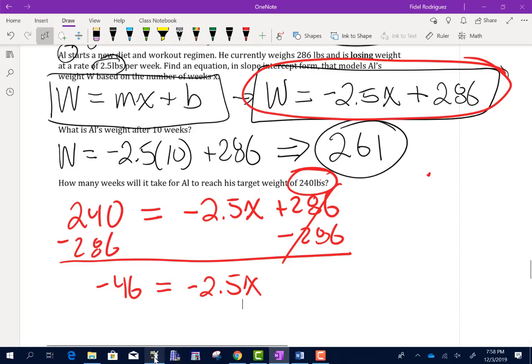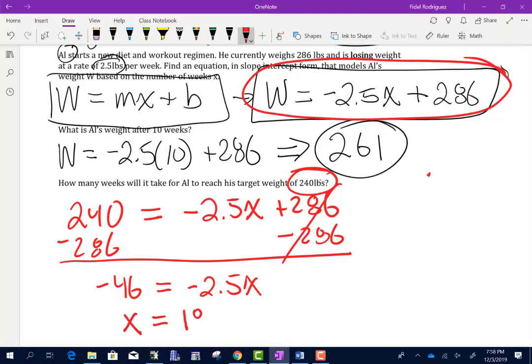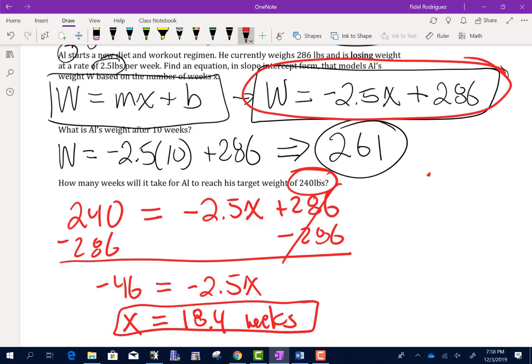Just divide them out, right? So divided by a negative 2.5 equals 18.4. There you go. 18.4 weeks, right?